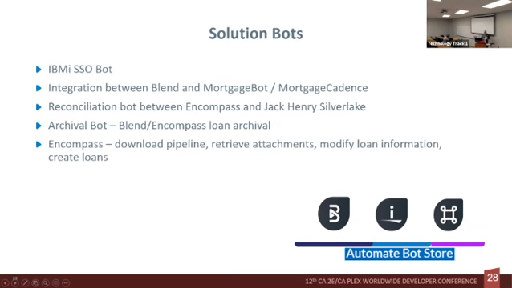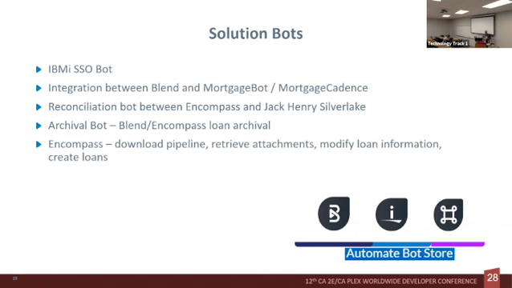Some of the solution bots, I mentioned SSO, integrating between some specific applications related to mortgages. That's actually an area where the intelligent automation has been very successful in the mortgage and kind of accounting areas where there's a lot of data manipulation.